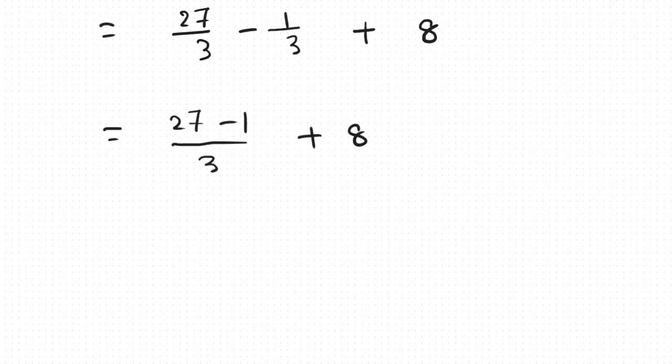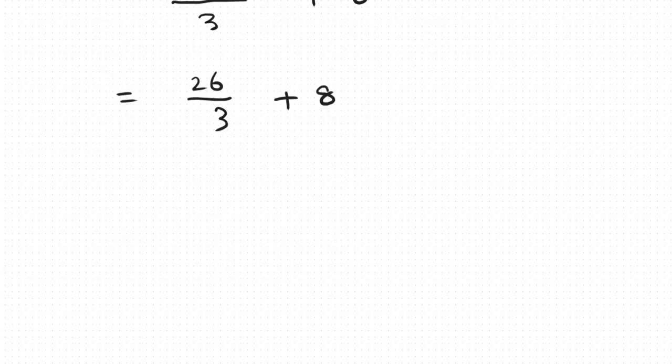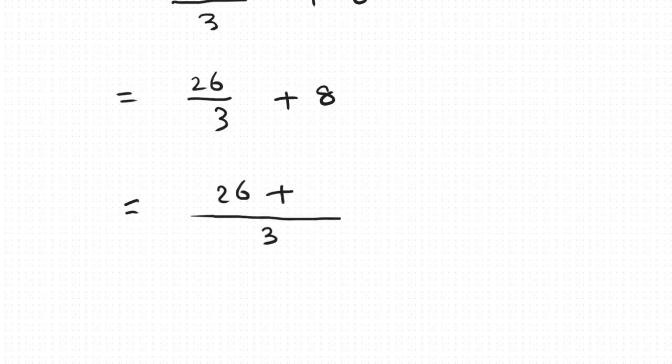Next we can write 27 minus 1 is 26 by 3 plus 8, or we can write 26 plus 3 times 8 is 24, all over 3.